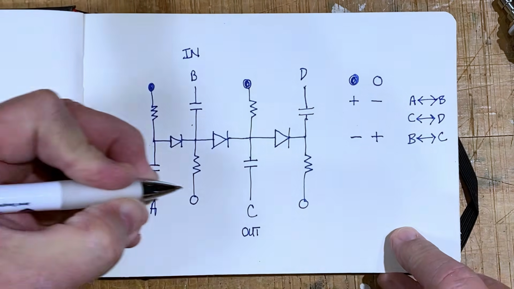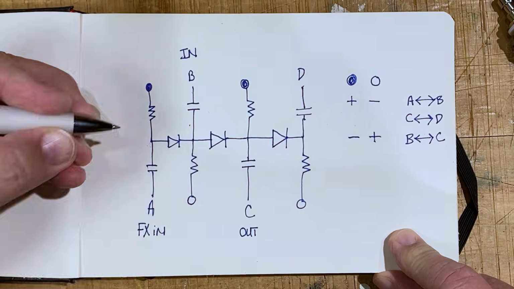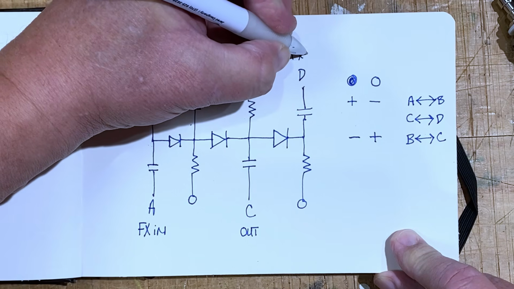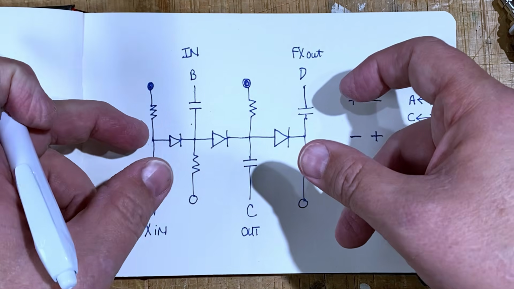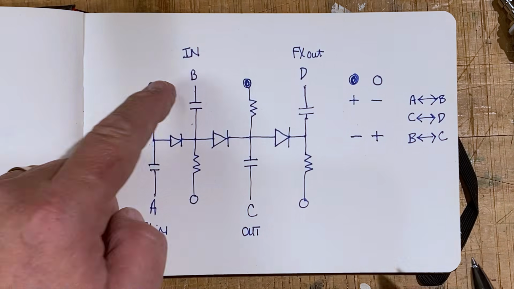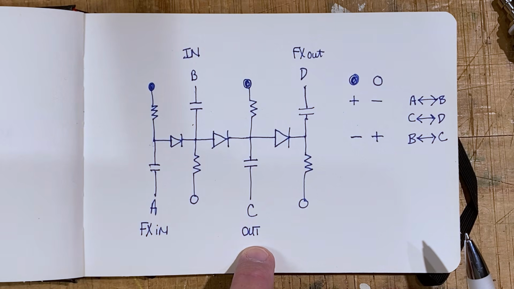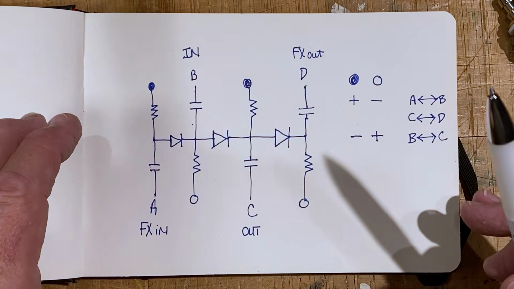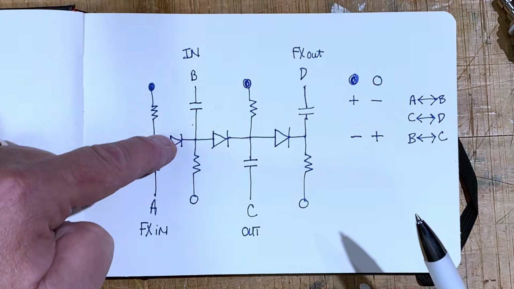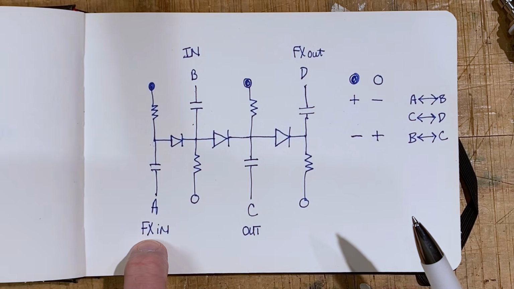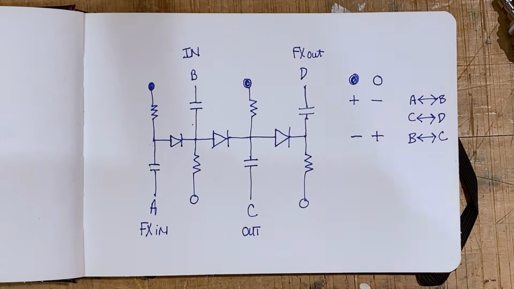This is my output. This is my effects in, and this is my effects out. So just depending on how I place these rails, I can route the signal from this input directly to the output in a true bypass state, or if I switch the voltages around, the input gets routed to the effects in, and the effects out is routed through here to the output.